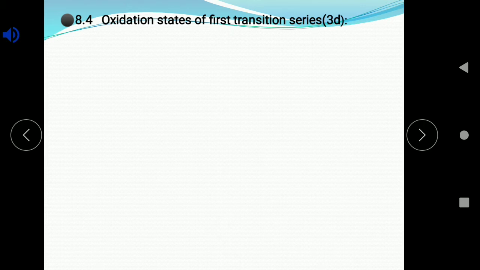So detailed study of 3D elements is included in your syllabus. First transition series and its periodic trends, we are going to see in detail in this lesson.